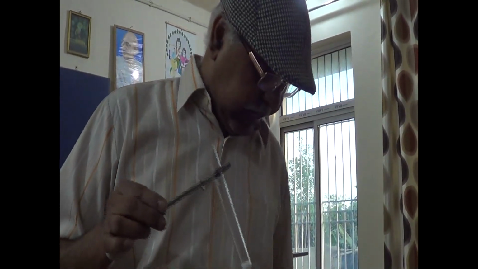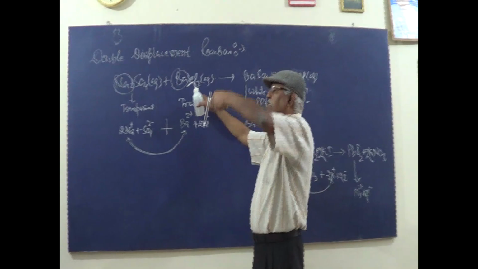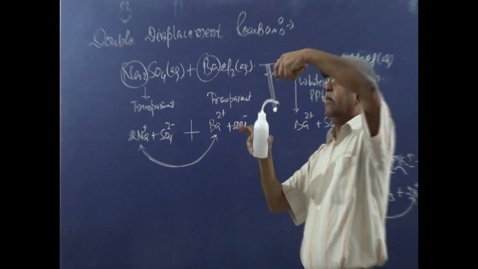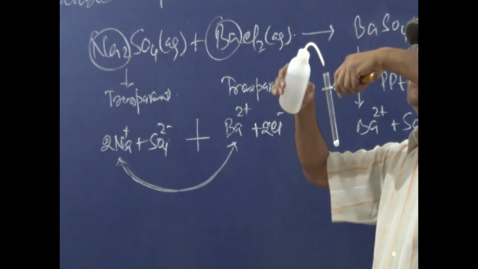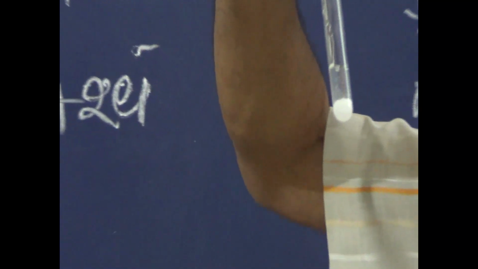See, the barium chloride color is, it is anhydrous, there is no water in this. We are going to add the water and we will show you how the precipitate will form. This is the barium chloride. I am taking it, and I will add the water, then it will become aqueous barium chloride solution.